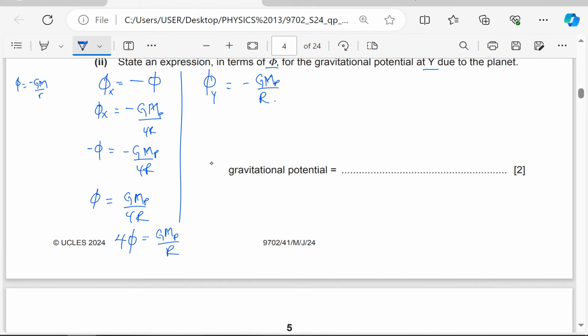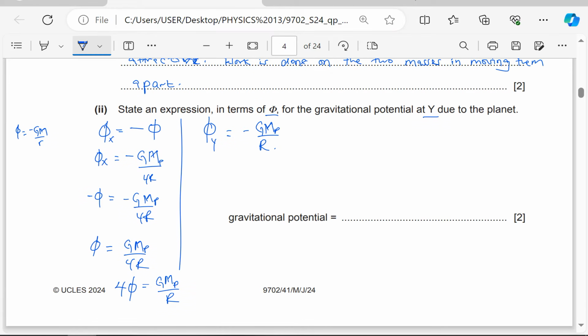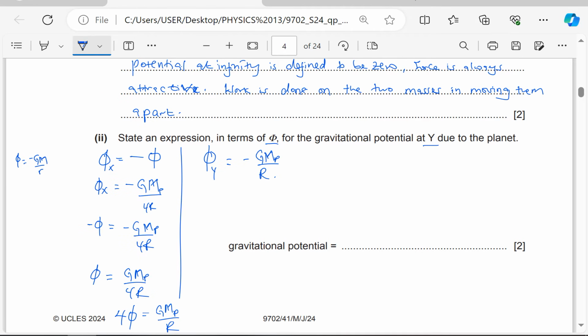So where there is GMp over r, I'm just going to put there 4 phi. So it means phi at y is going to be negative, where there is GMp over r, I'll put there negative 4 times phi. So our answer here is going to be negative 4 times phi. That is simple algebra.